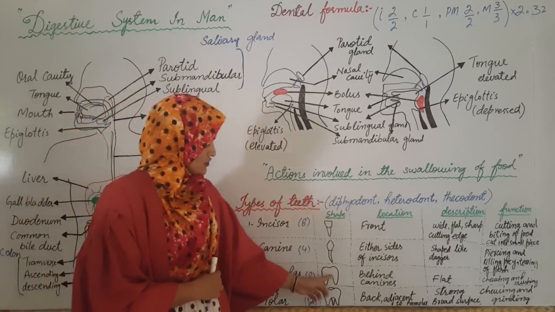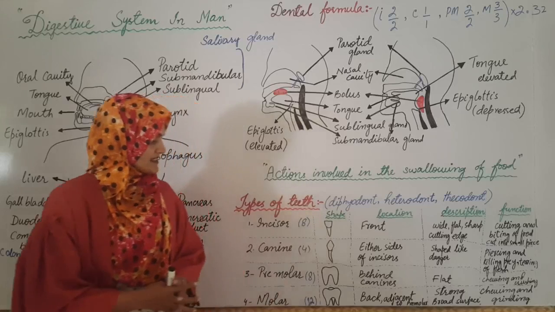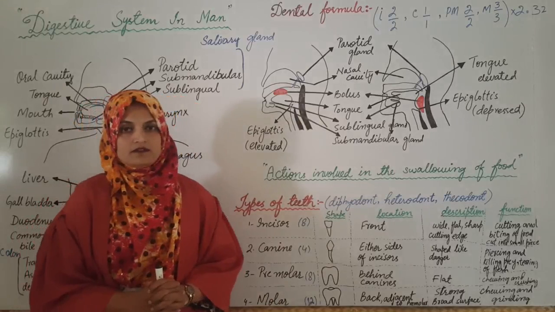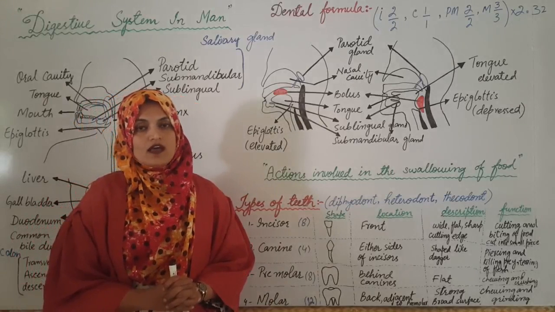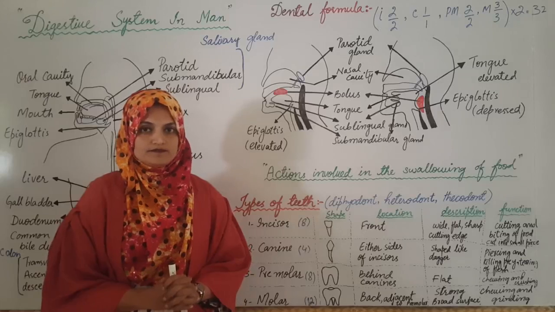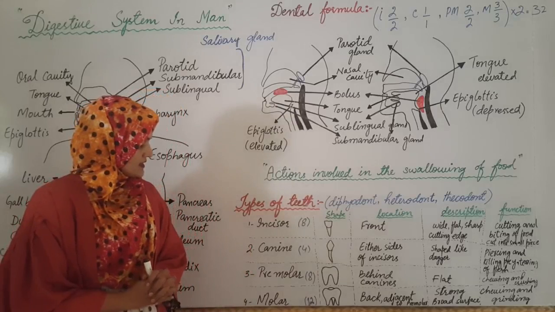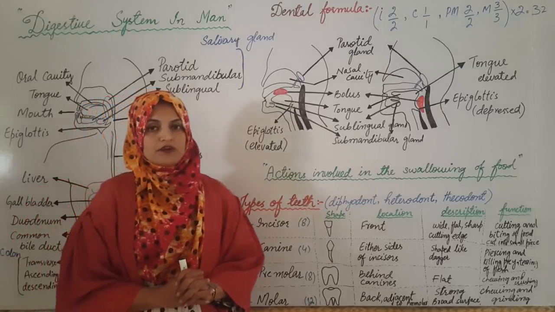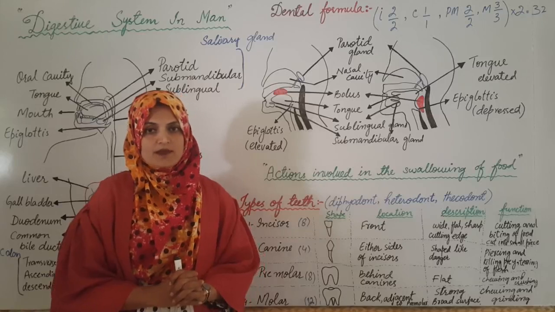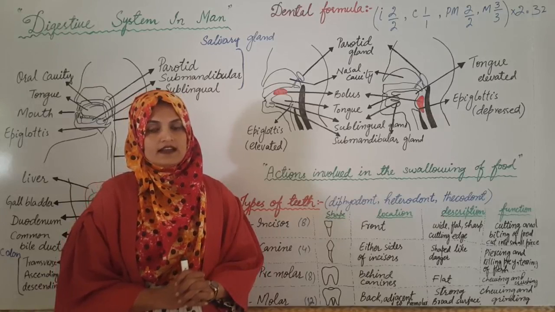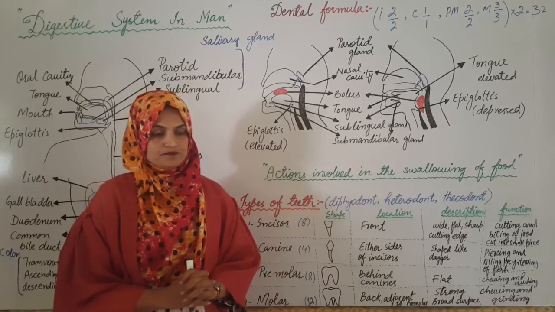It has two roots, is present just behind the canine, 8 in number, 4 in the lower jaw and 4 in the upper jaw. The shape of the premolar is flat with sharp edges, which helps in grinding and crushing the food.